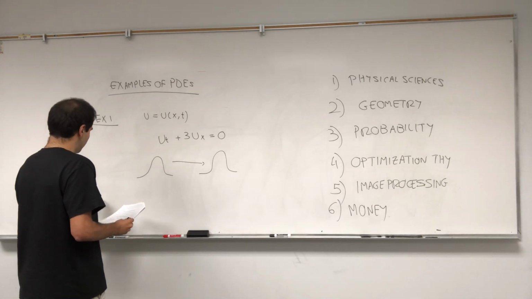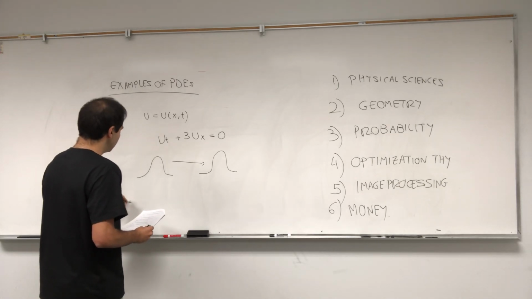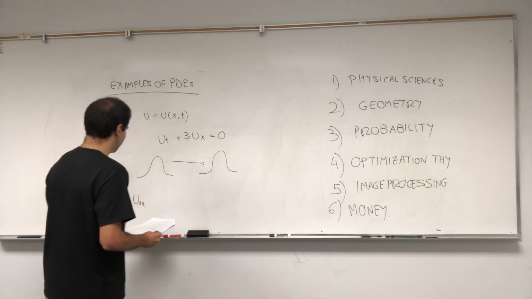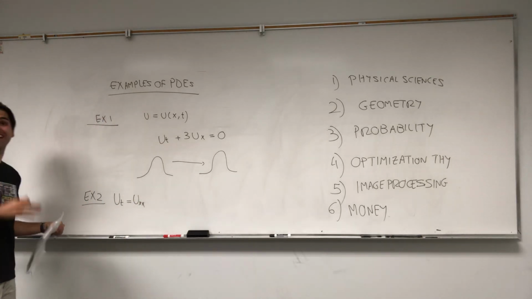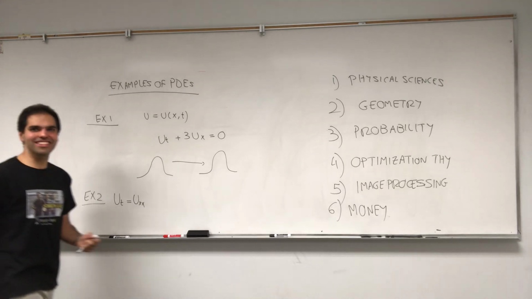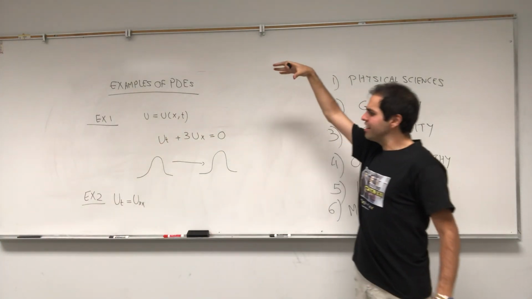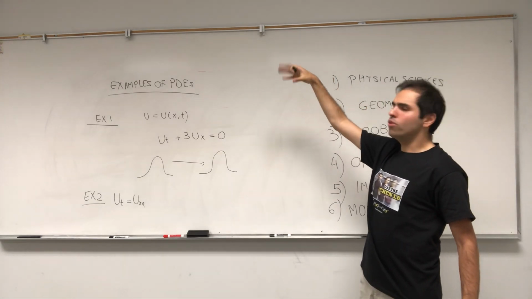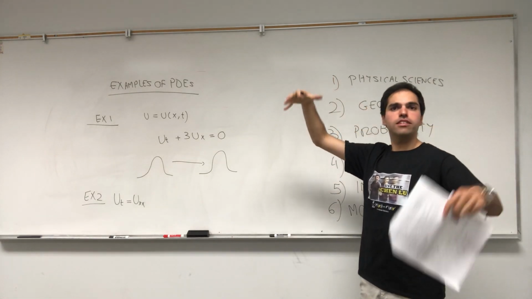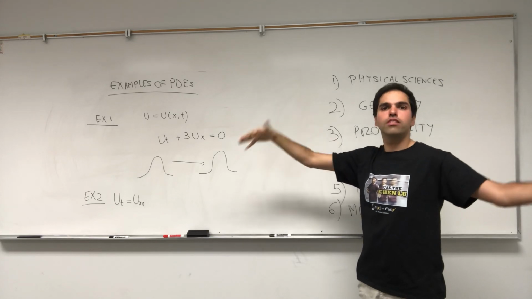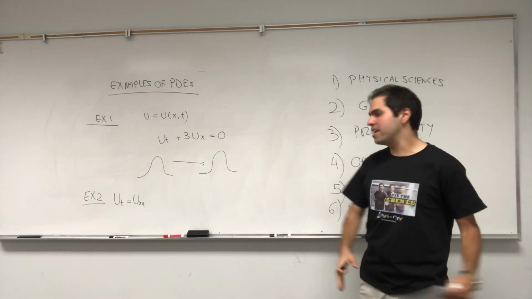Then there's something called u_t equals u_xx. And is it getting hot in here? Well, yeah, because this is the heat equation. It measures how the temperature of a fluid evolves over space x and time.